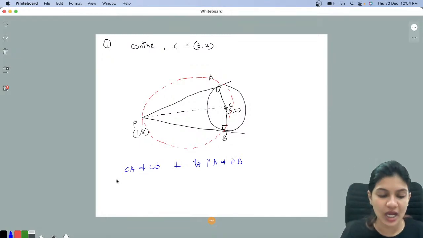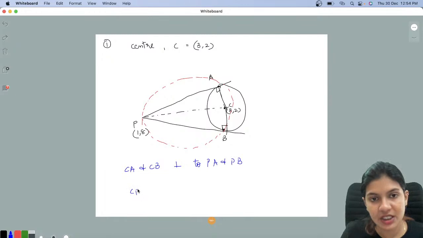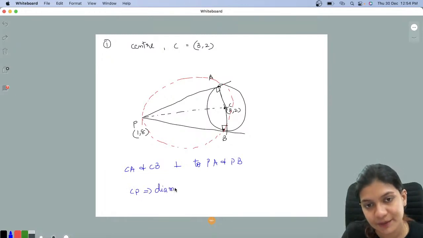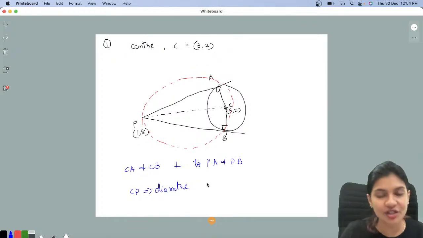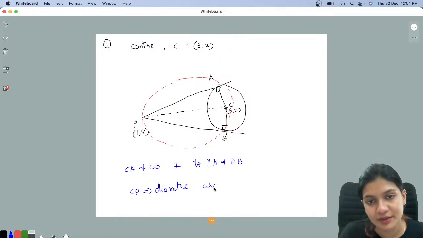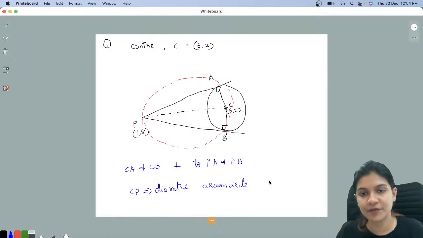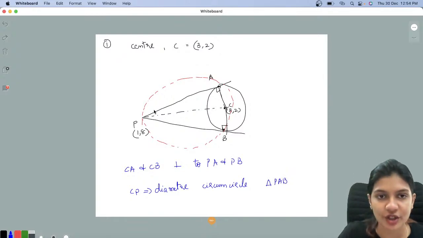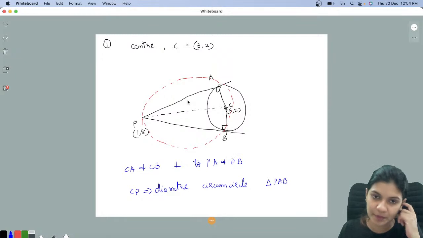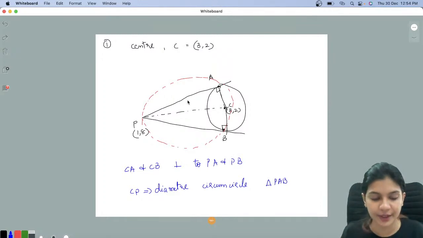And what about CP? CP will clearly be the diameter of your circumcircle of this triangle PAB. Check out yourself. It passes through the center.